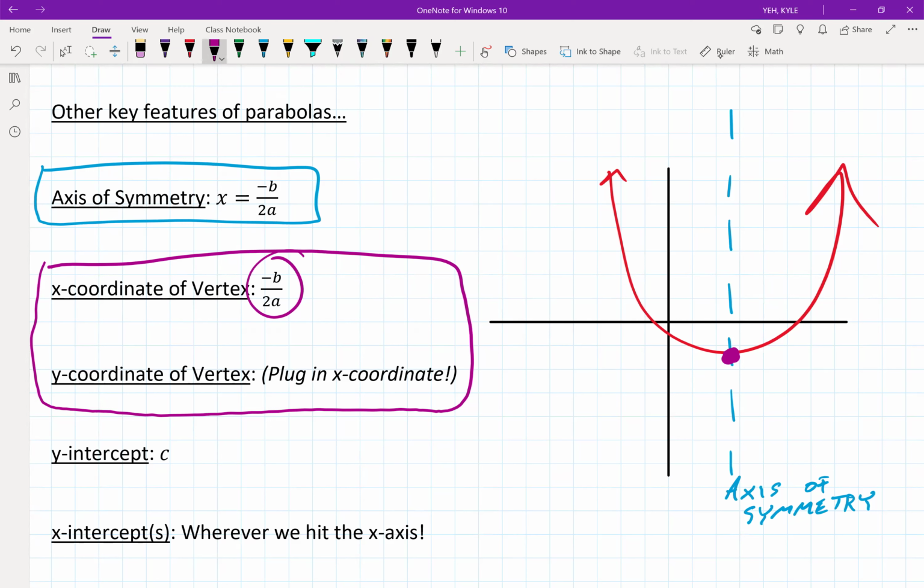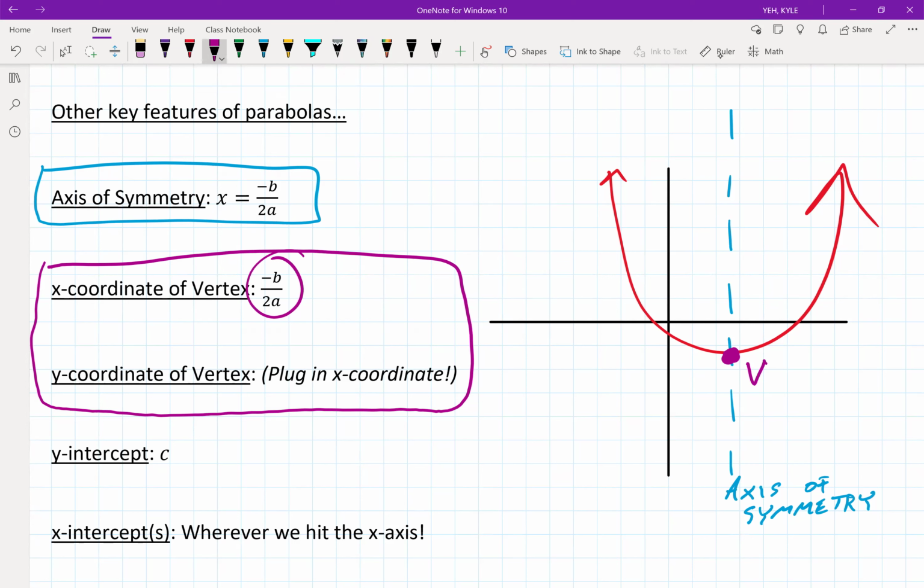Now the y coordinate. I have on my notes here, just plug in whatever value we get for the x coordinate into our function. Just like we always plug values into our functions, whether they're quadratic or not, we plug in an x value and we simplify and we get what the y value is. That's the same thing for the vertex. And you will see that in some examples coming up.